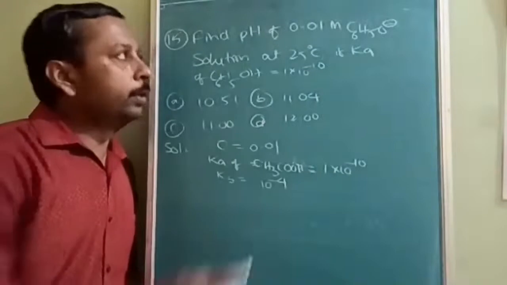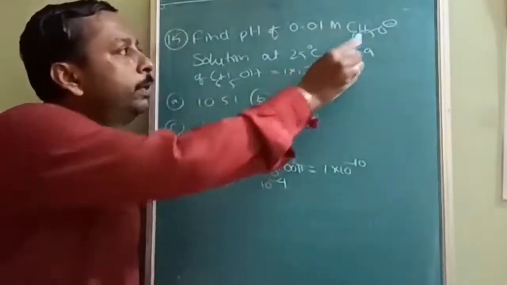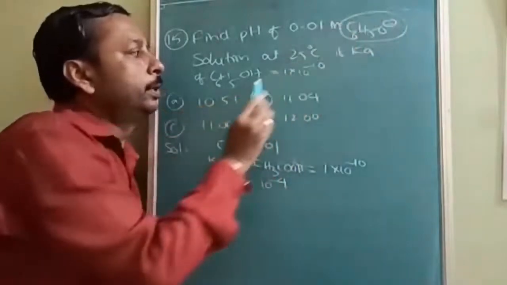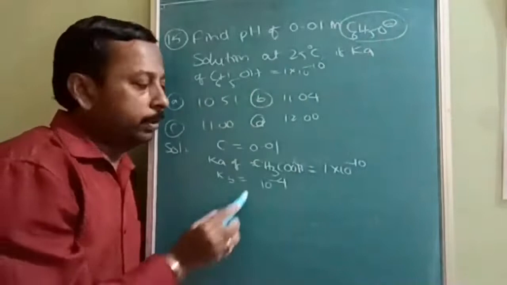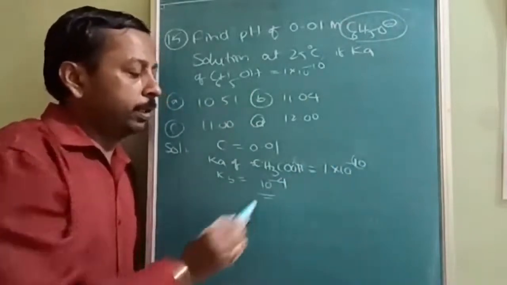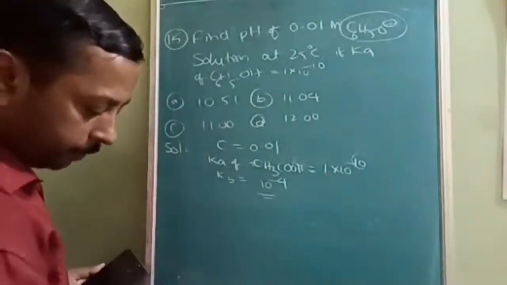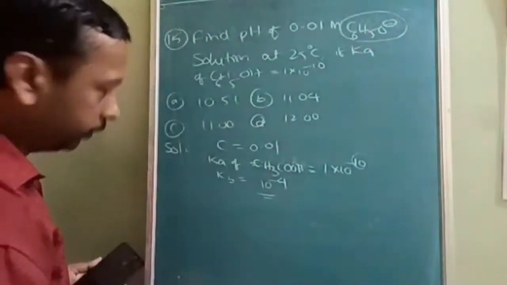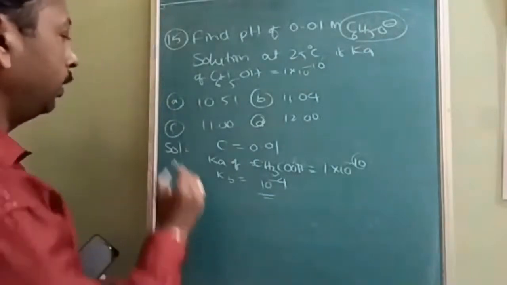So here you are given with concentration 0.01, Ka is given, but we want the base. Okay, it is acid conjugate base. So conjugate base will be 1 into 10 to the power of minus 10 if it is there, then another will be 10 to the power of minus 4. Okay, so after simplifying like this, then you will get answer of 11.